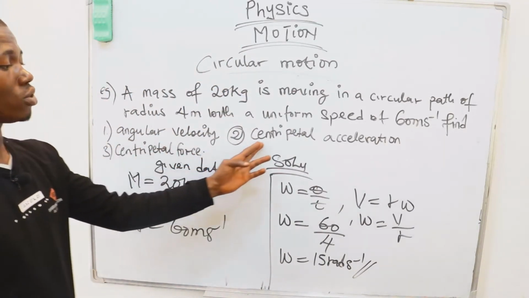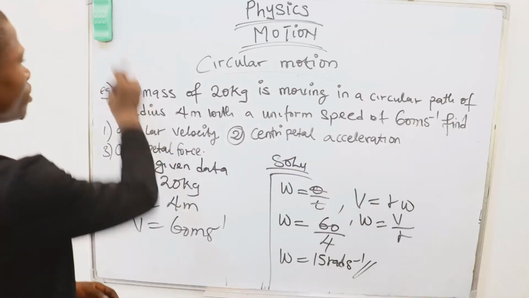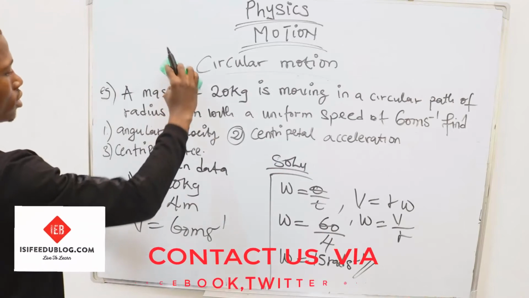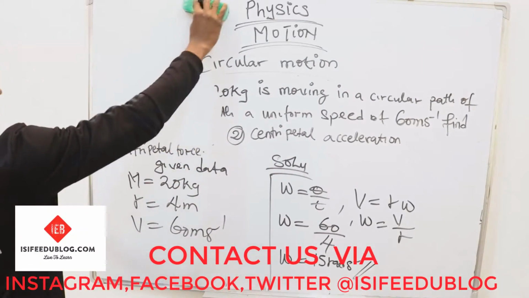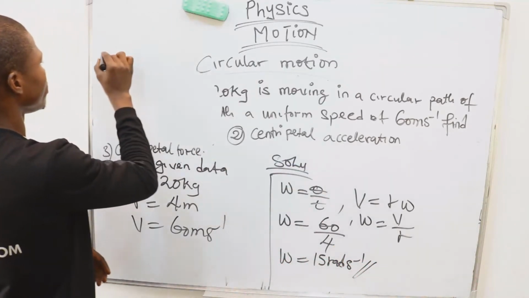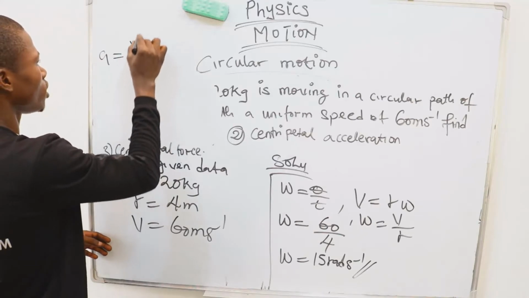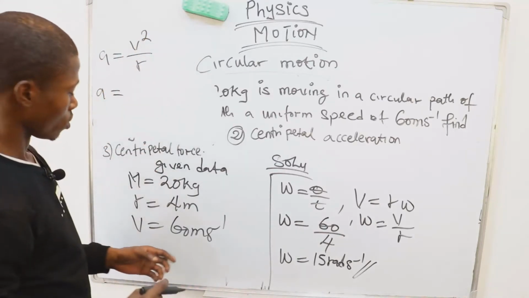The second says we should find centripetal acceleration. So let me wipe here and solve it up here. We know that our centripetal acceleration A is equal to V squared all over R. Do we have V?